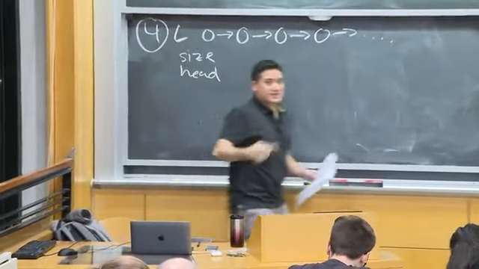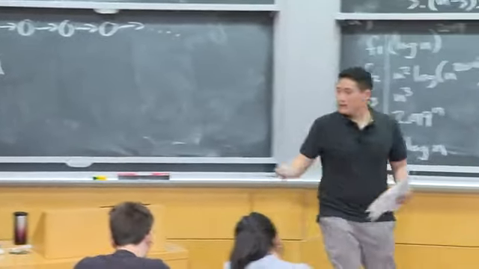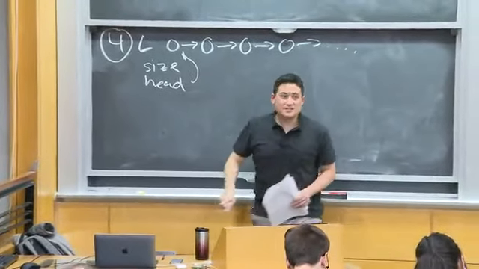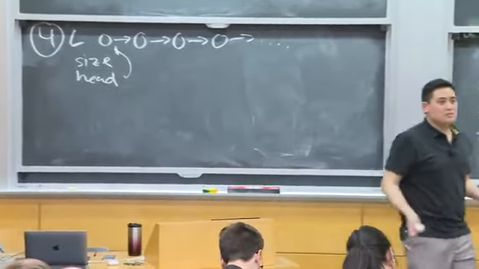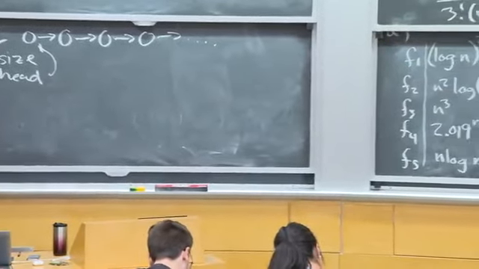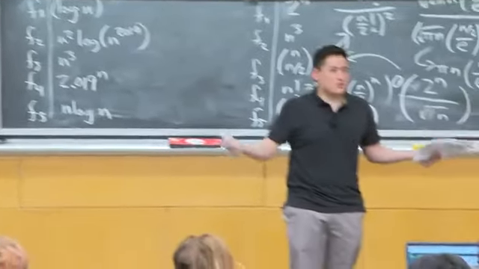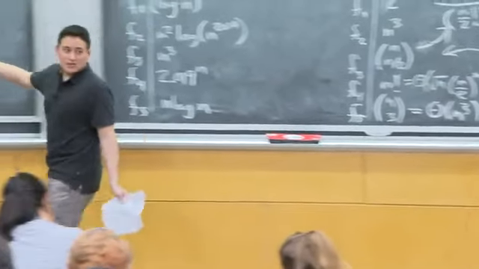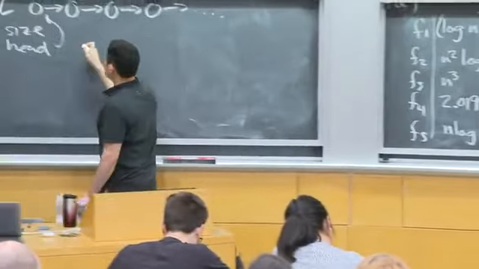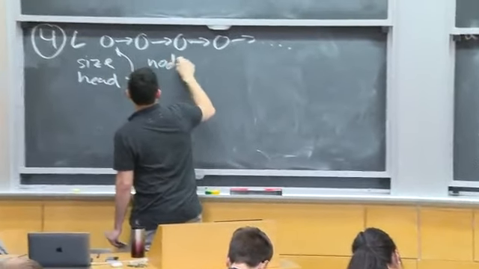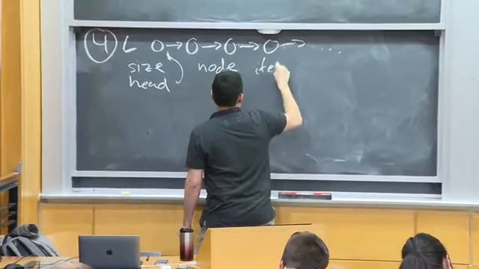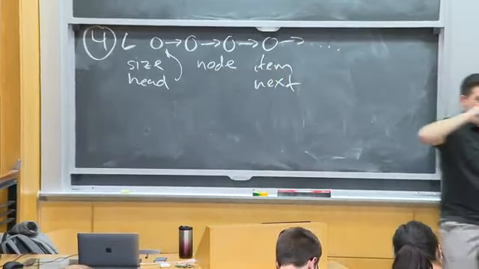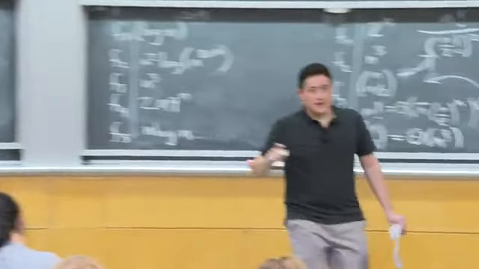This head is a pointer to a node, and the node has just two things stored in it: the name of the child that's there, and a next pointer to the next node. That's what a singly linked list is. So a node has an item key and a next pointer. This next pointer points to the next node in the sequence.